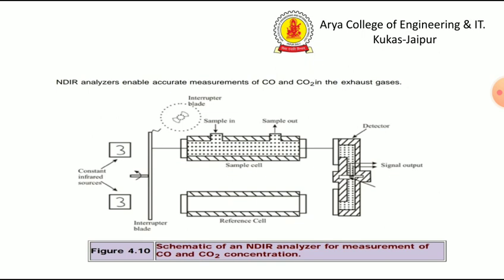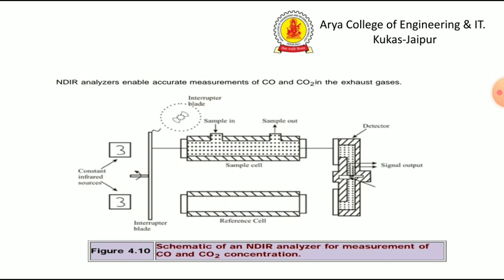The flexible diaphragm of the detector senses the differential pressure between the two sections of the detector caused by the difference in the amount of transmitted infrared energy absorbed. The deflection in the diaphragm is used to generate an electric signal that determines the concentration of the gaseous species of interest.